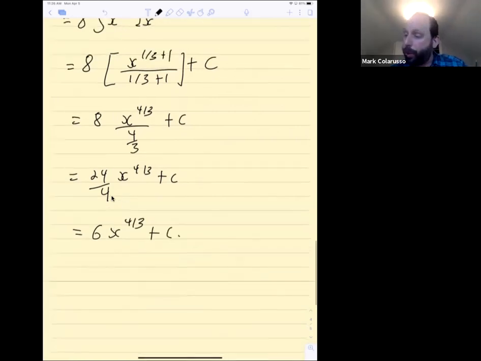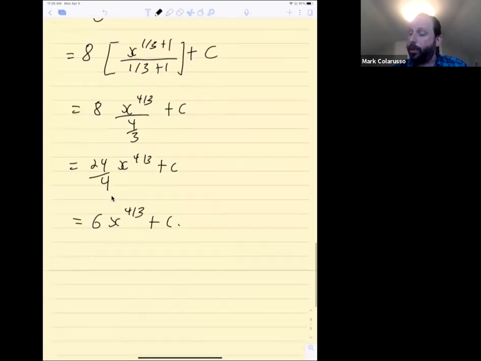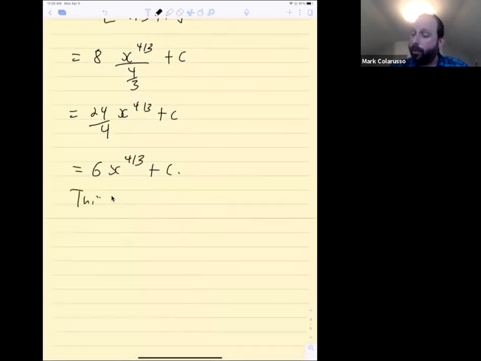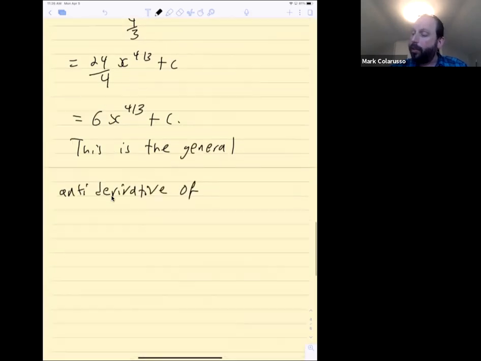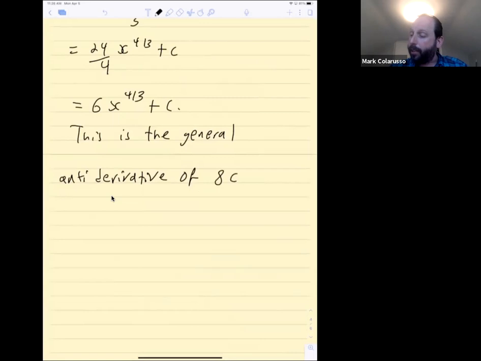Now, that is our general antiderivative, right? So this is the general antiderivative of the function 8x to the 1/3, which was the f prime at x, right?